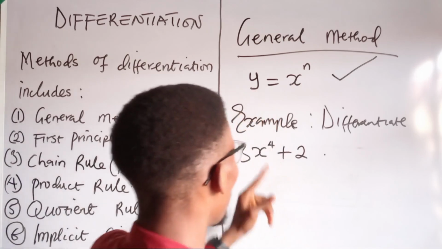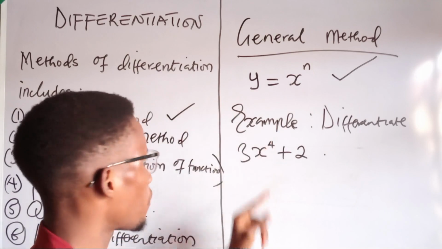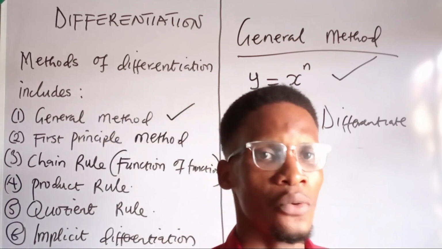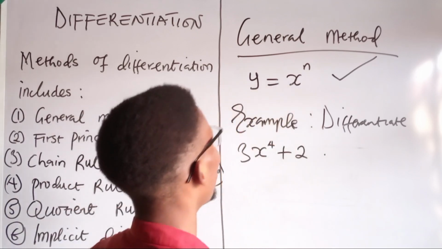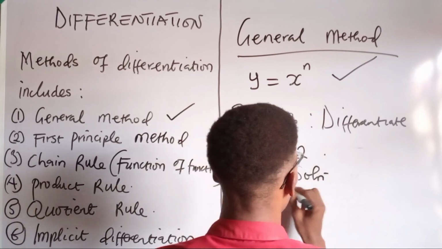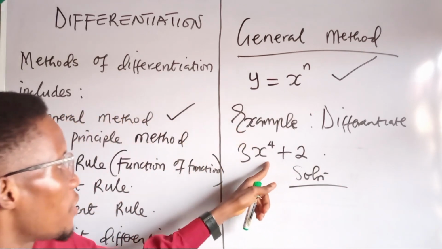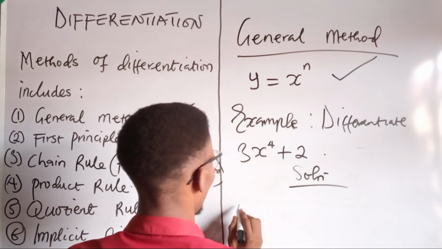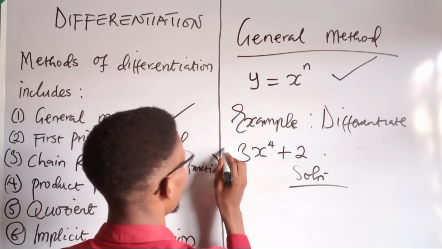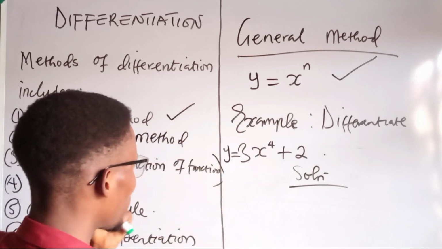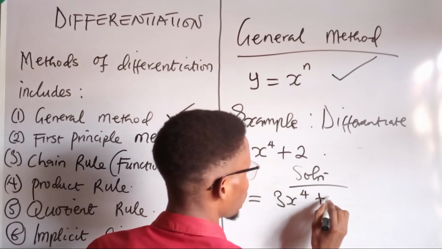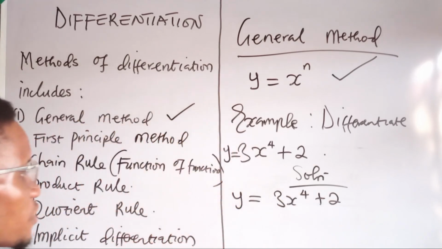So now we're given 3x raised to power 4 plus 2, which is what we have to differentiate. We can apply the general method of differentiation here. Writing the solution, y is equal to 3x raised to power 4 plus 2, and we have to differentiate.